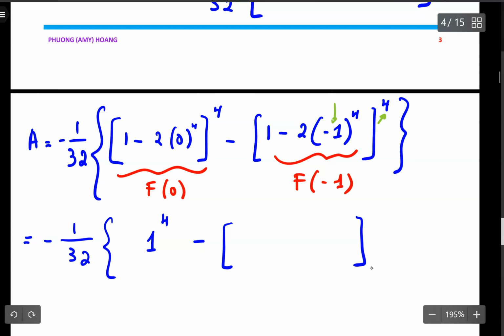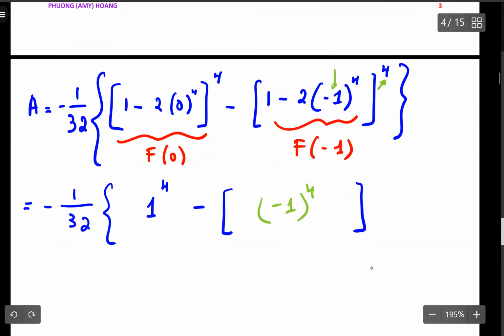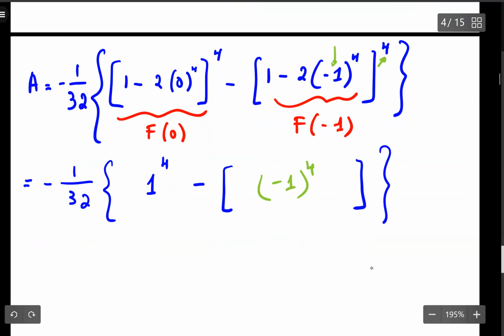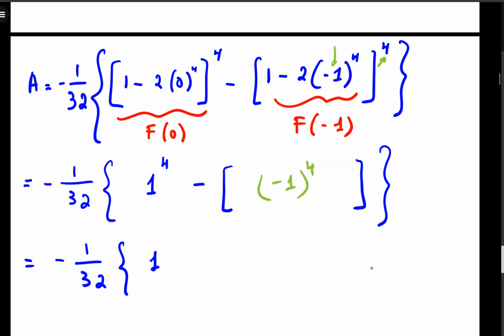So I will have 1 raised to exponent 4 in this case, so this will be 1. And if you have -1 raised to exponent 4, you are having a positive 1. So there will be 1 minus 1.